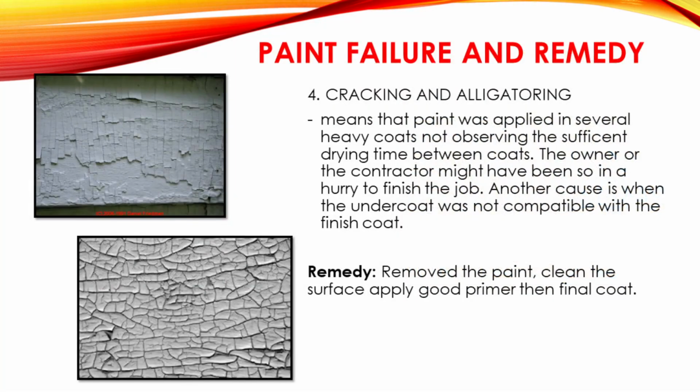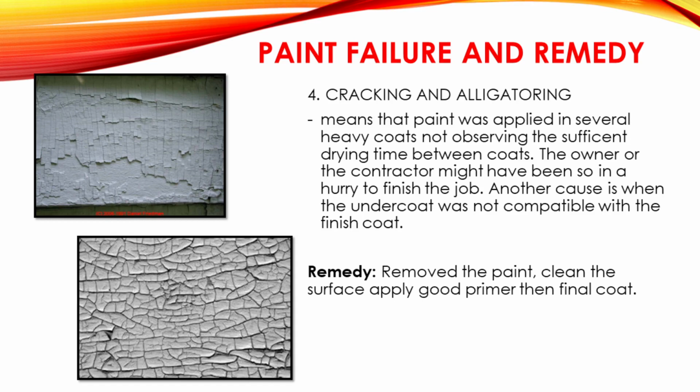Cracking and alligatoring is the fourth type of paint failure. Alligatoring paint is paint that has cracked in a pattern that resembles an alligator's scale. This means that paint was applied in several heavy coats, not observing the sufficient drying time between coats. So bisag wala pa kaayo na nauga, gisapawan na.